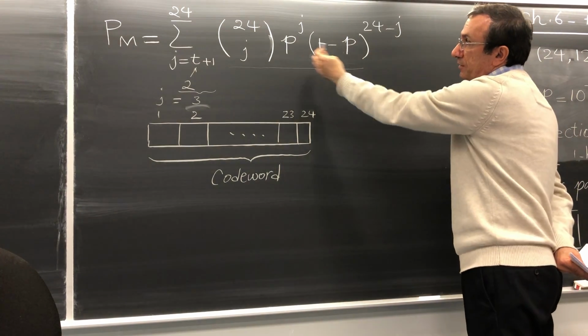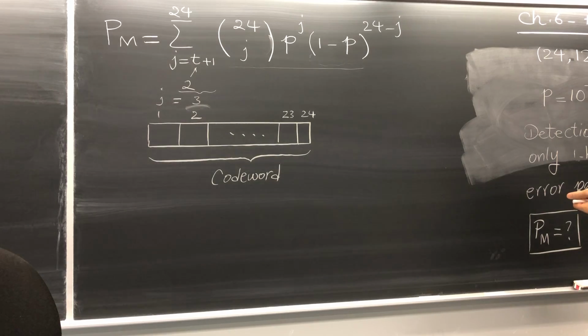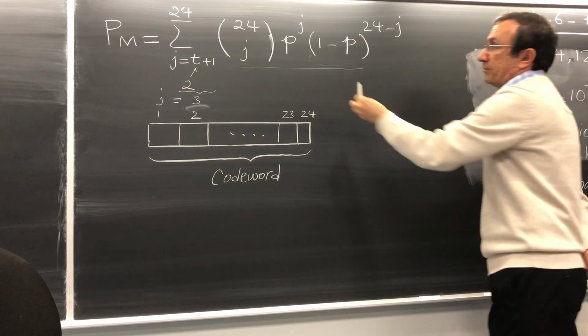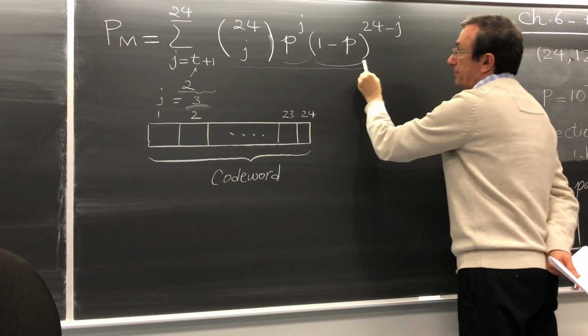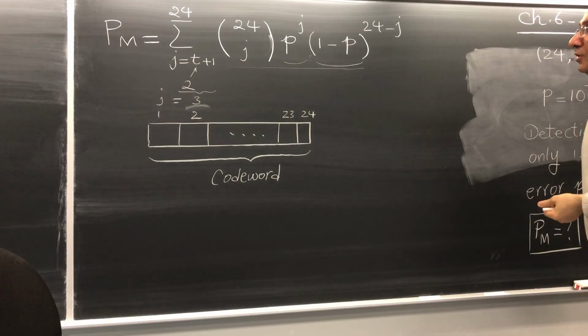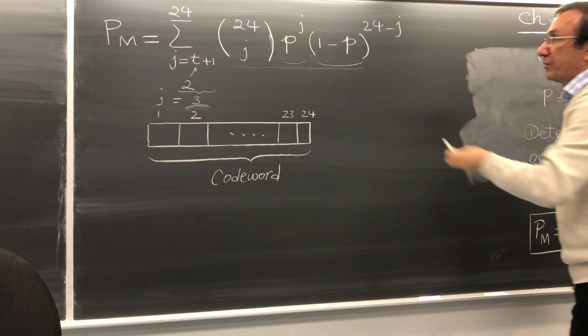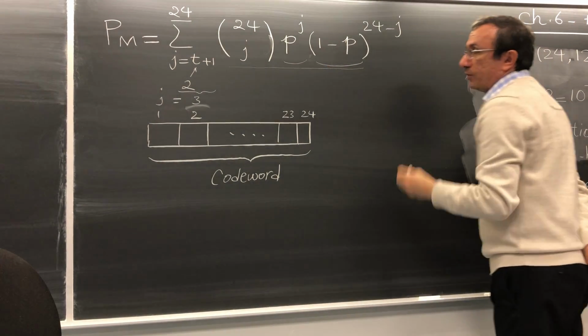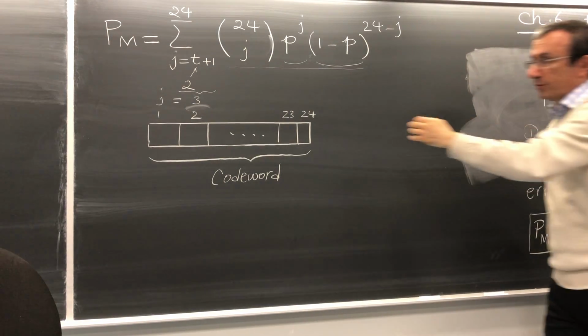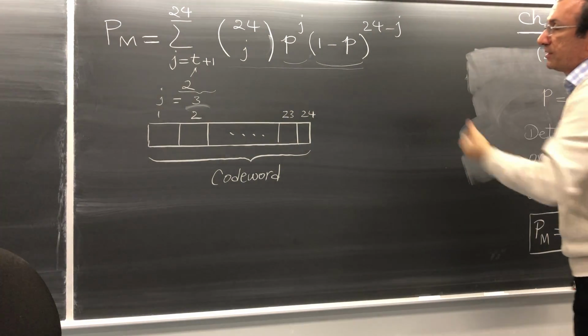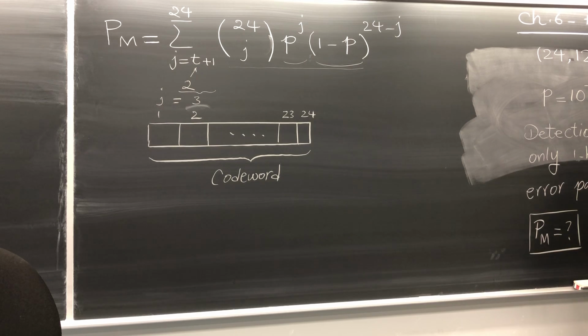I've already explained what this summation means and what each one of these terms tries to express. So this is the probability of error in one bit, one of the 24 bits we have here. What is the probability of error for that single bit? That is 10 to the negative 3.